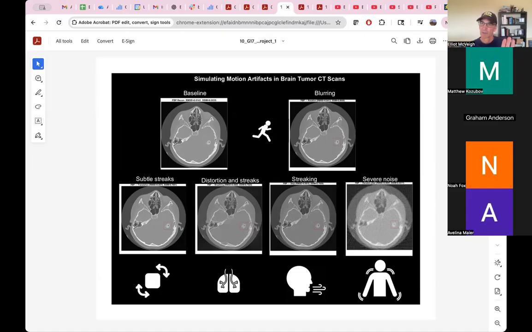And what happens if these motion models are superimposed on each other, right? You mean like there's two types of motion at the same time, like rotation and translation? Which can happen. It doesn't happen in the head. It happens in the body, though. You have different motions in different parts of the field of view, right? Then it's like, how do you correct that data?